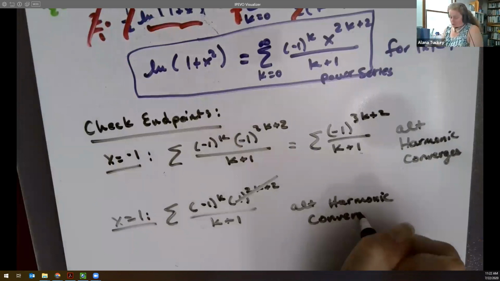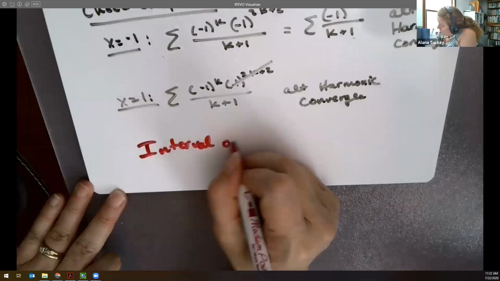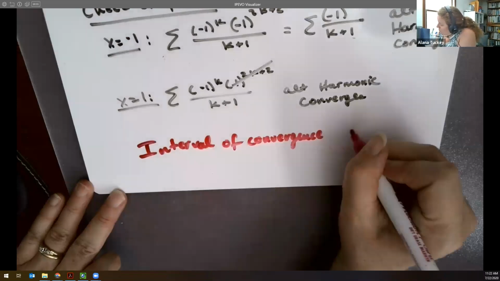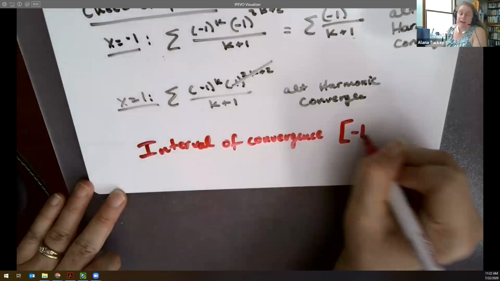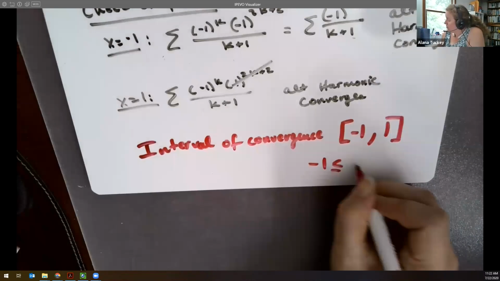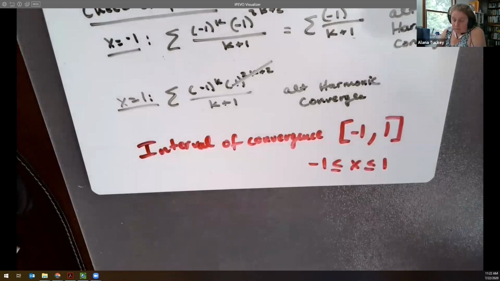And that means that my interval of convergence would be from negative 1 to 1, both of them with brackets, because you can equal negative 1 and converge, you can equal positive 1 and converge. Everybody good? Write it down.